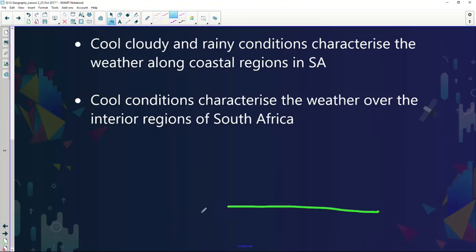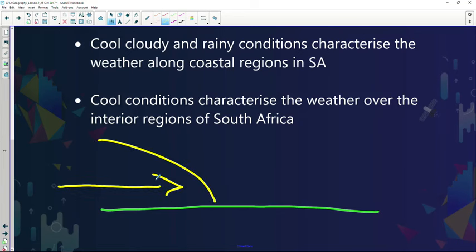Now, if we quickly just revise on frontal rain, what basically happens? Frontal rain is when cold air approaches. Okay, now keep in mind, a front separates warm air from cold air.